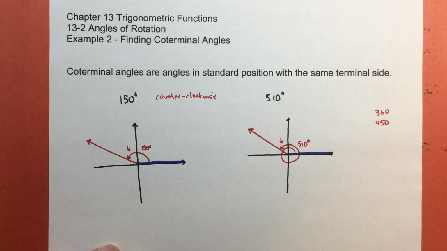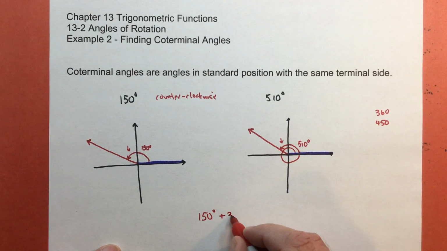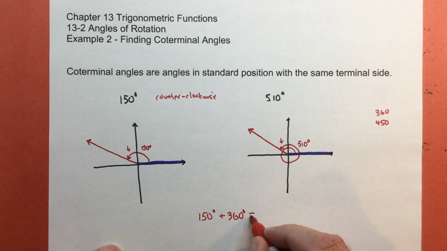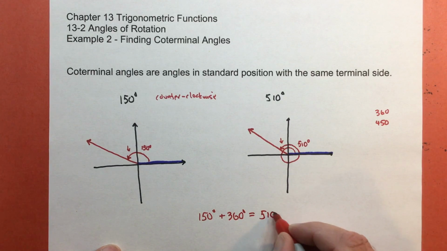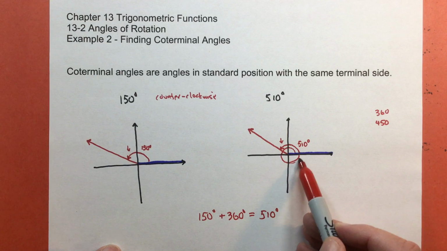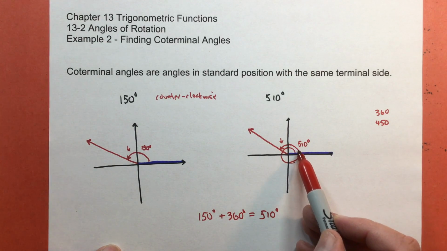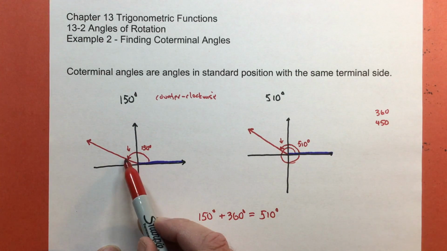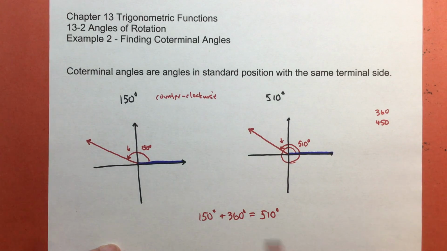What was the difference? 150 degrees plus a rotation of 360 degrees gives me an angle of rotation of 510 degrees. So I did a complete rotation, and then I did the extra. These two angles are called coterminal because they have the same terminal side.